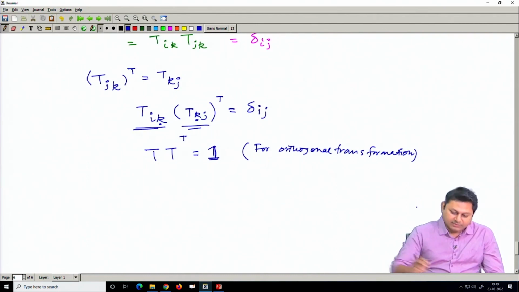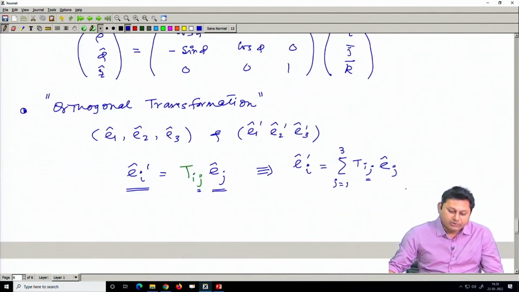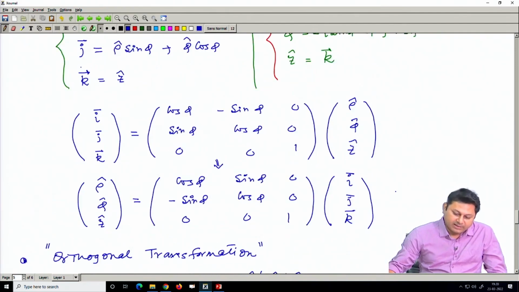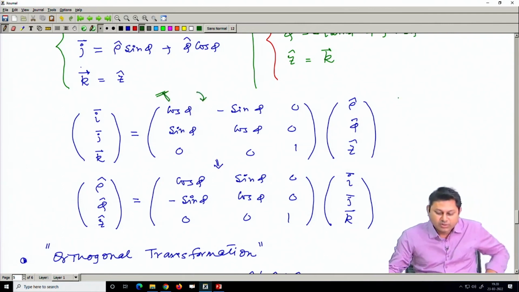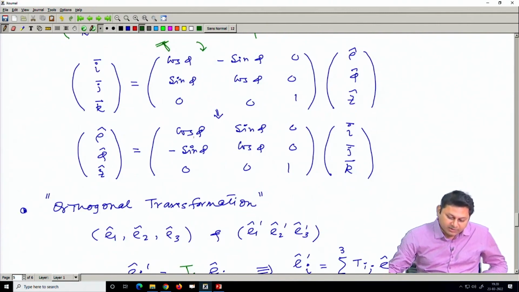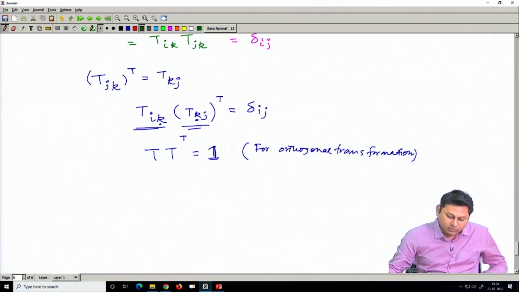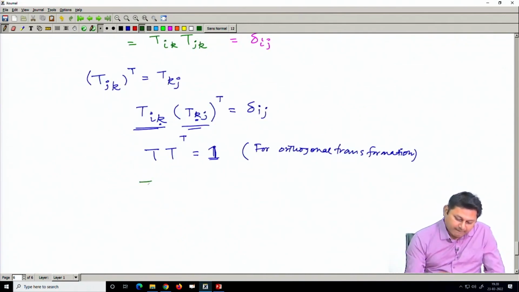If you now look back at the matrix, this matrix is eventually my T matrix, and I am making an orthogonal transformation here. So T multiplied by T transpose is unity. In other words, T transpose is equal to T inverse, the property it always holds.